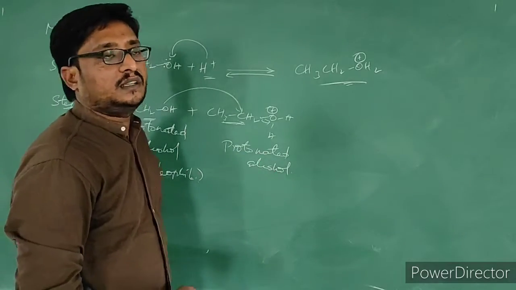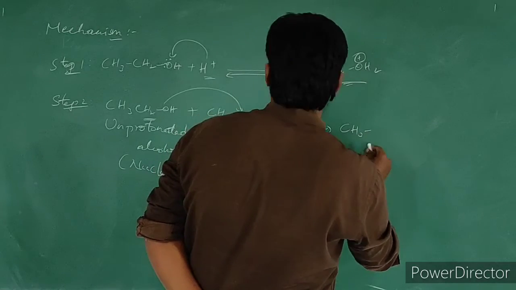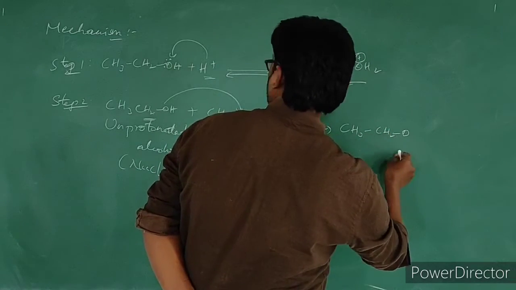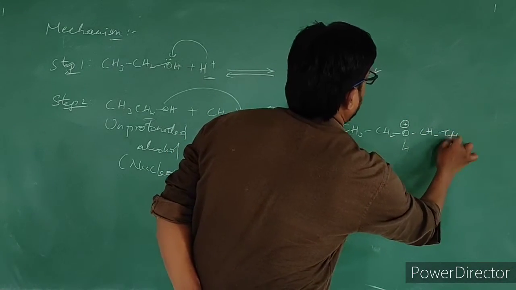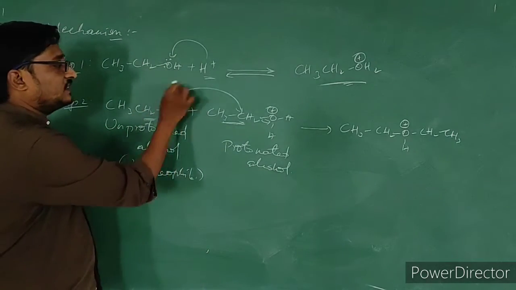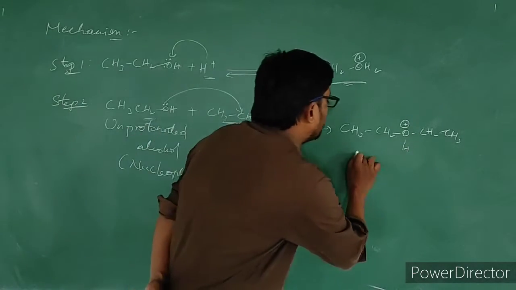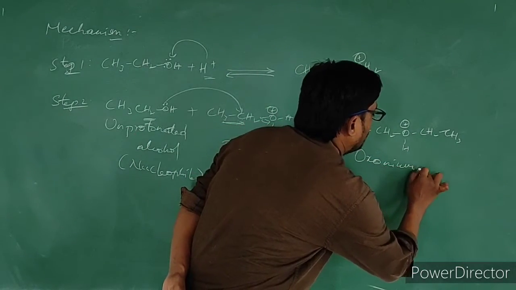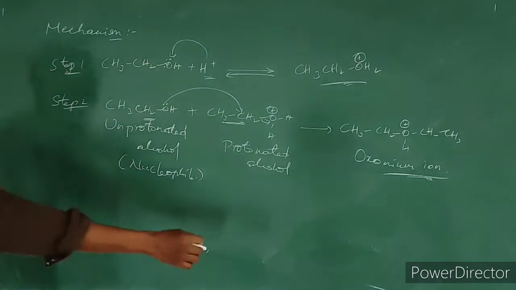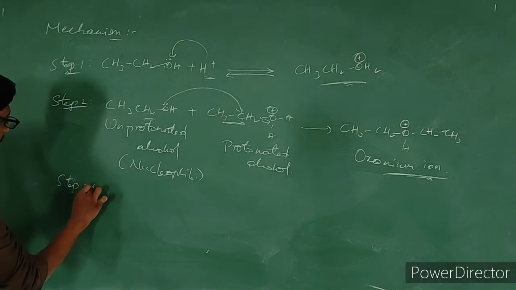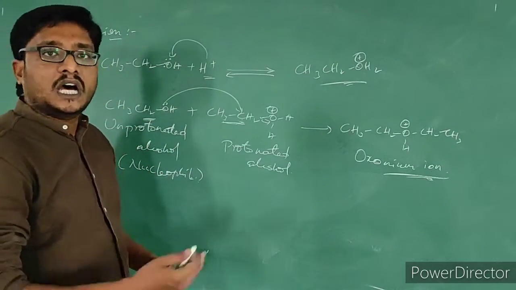Nucleophilic substitution takes place, and this results in the formation of CH3CH2O(H plus)CH2CH3. Since this oxygen gives electrons to the positively charged carbon, it becomes positive, so an oxonium ion gets produced. Now in step 3, the oxonium ion which gets produced here will be attacked by the alcohol again.